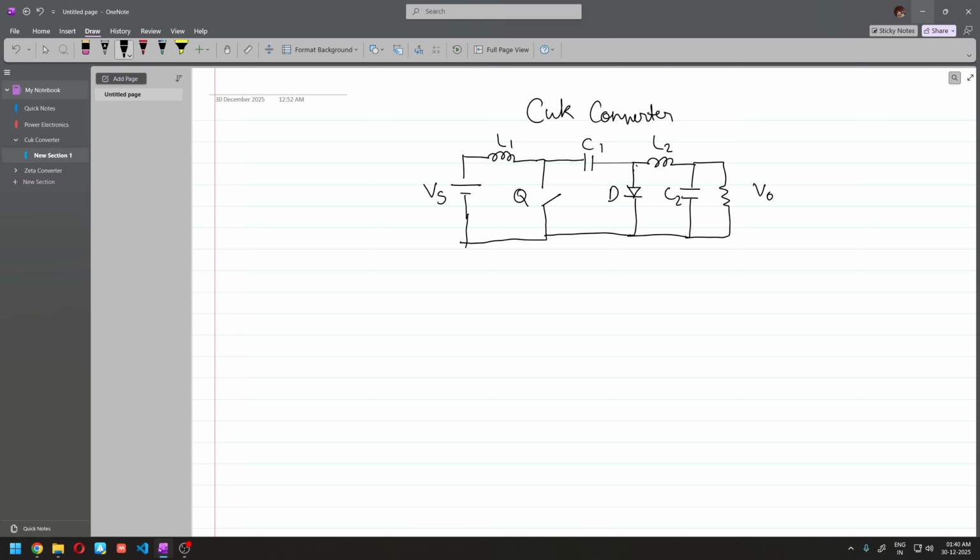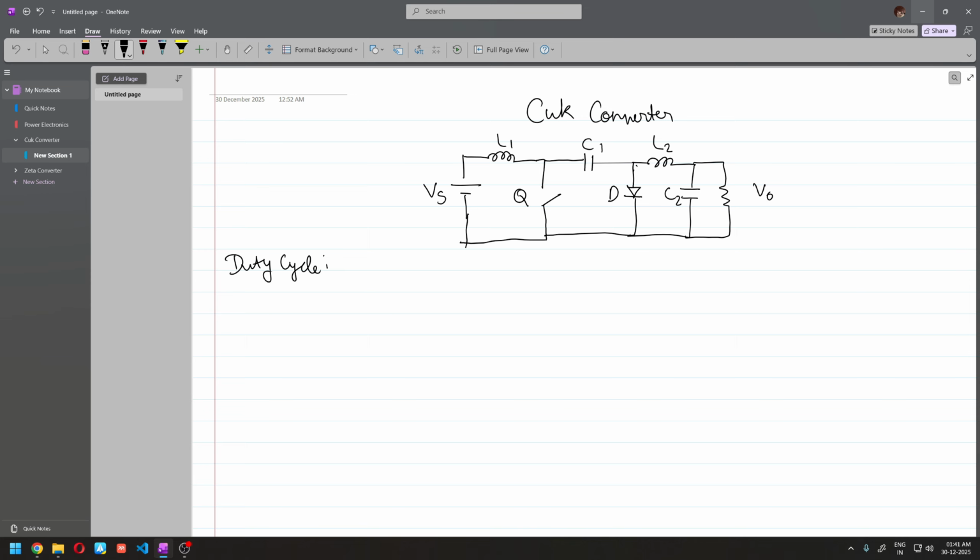So the first derivation we can do is the duty cycle one, deriving the duty cycle formula in terms of the input and output voltage. That's the first step, because you need to know what duty cycle you want to run the converter at.